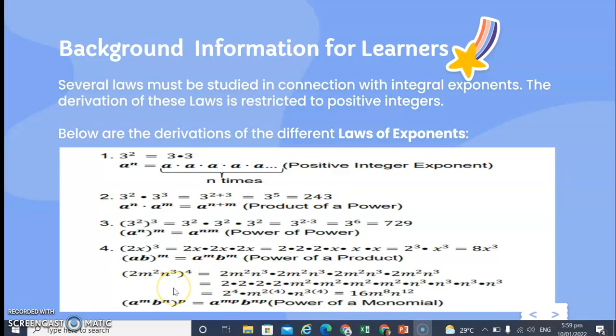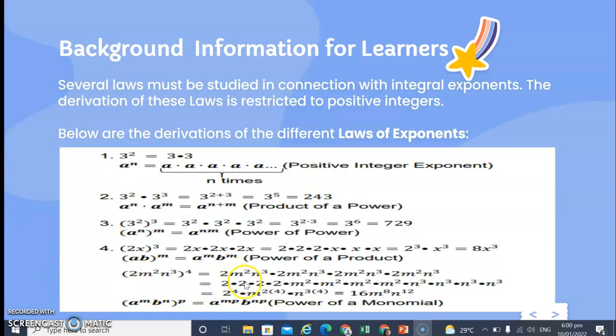So, if we have example, ang gwa niya si class, so that is 2m squared n cube raised to the power of 4. So, ang bosilingon, if we are to expand this, we take 2m squared n cubed as a factor 4 times.